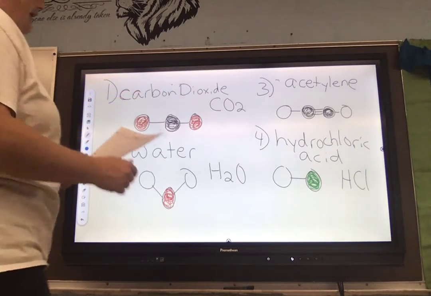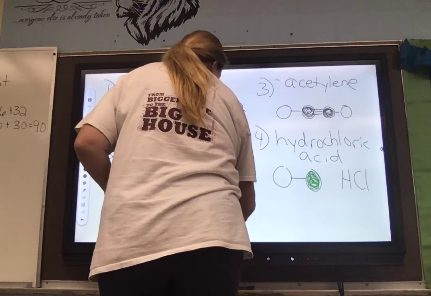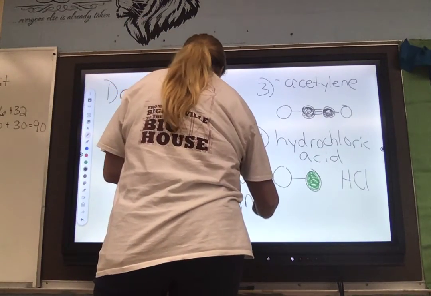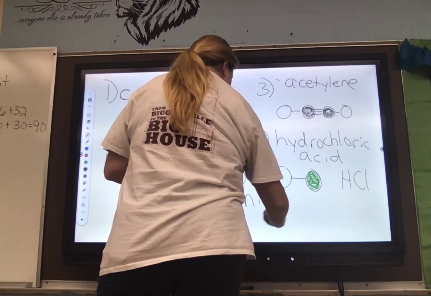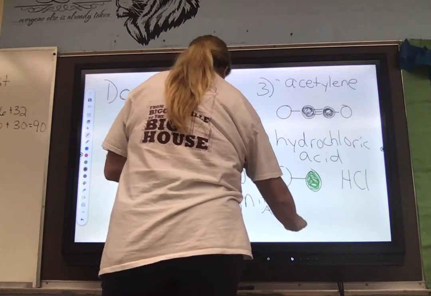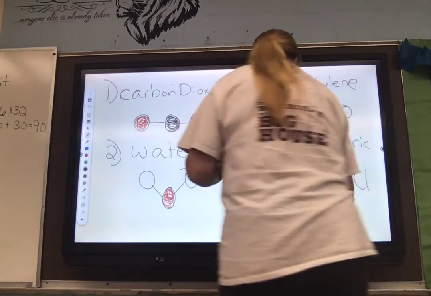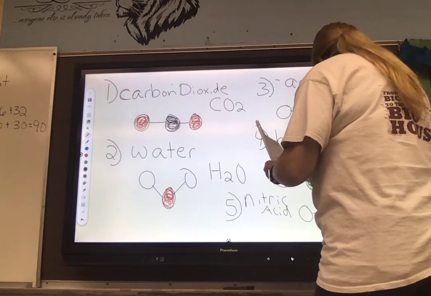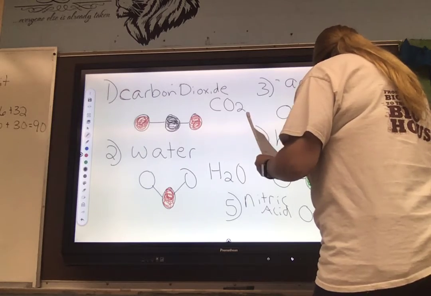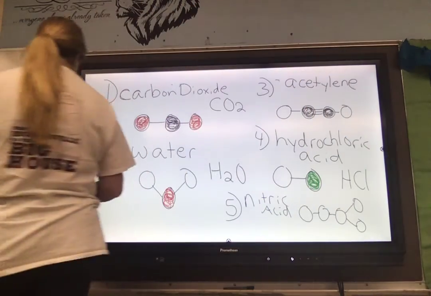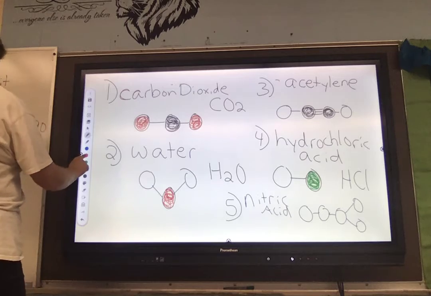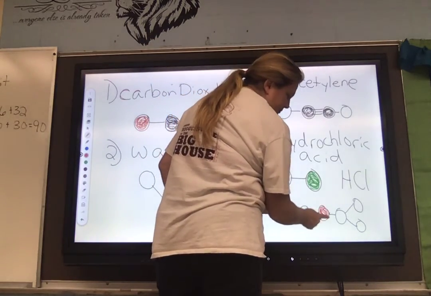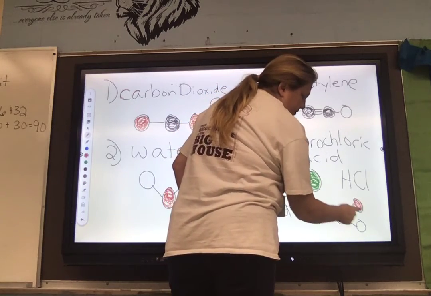And number 5, put it right down here so I don't have to go to a new page. This is for nitric acid. And it's going to be a big one, so it's going to look like this. And you're going to already know all of these colors except for one. I'm going to throw in one new color that we haven't seen yet. So you will need your formula.